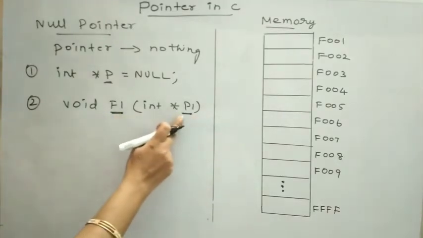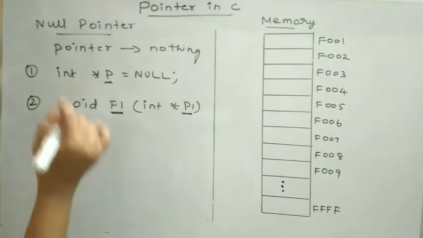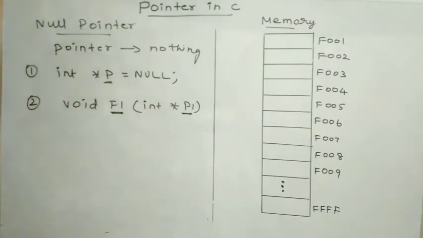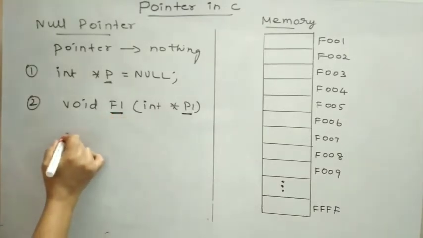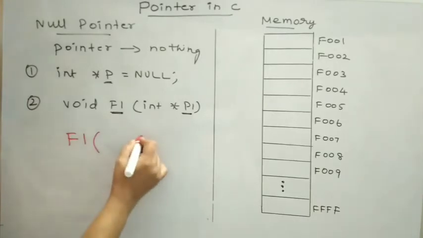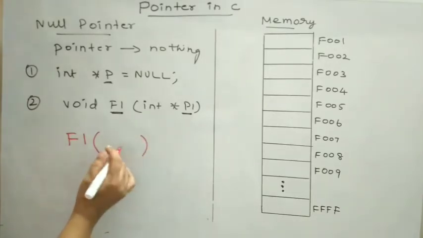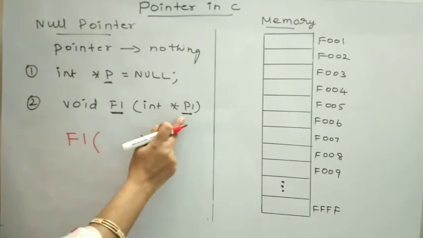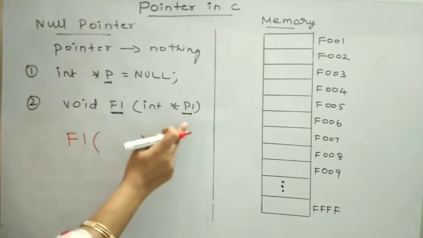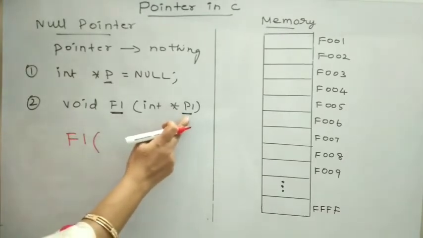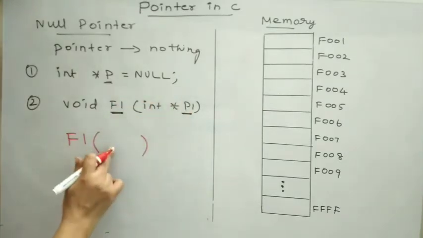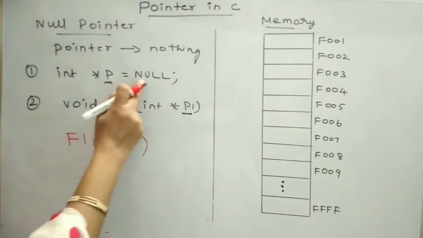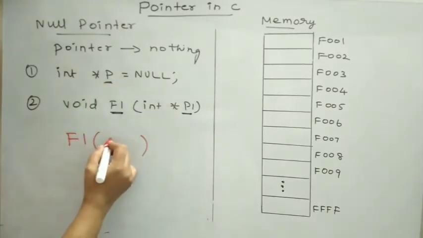In case I am calling this function using a function call statement, how do I call it? The name of the function, and in the open and close parentheses we need to pass a value to this parameter p1. In case I don't have any valid memory address to be passed as the value, I may pass the null pointer, which is pointing to nothing.